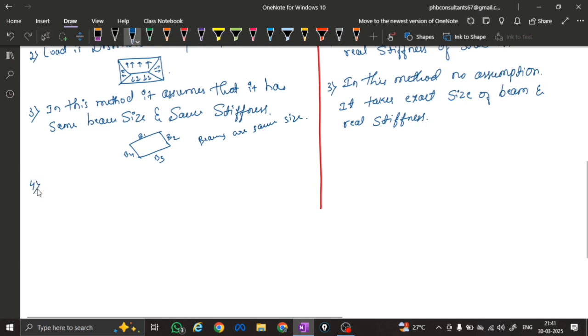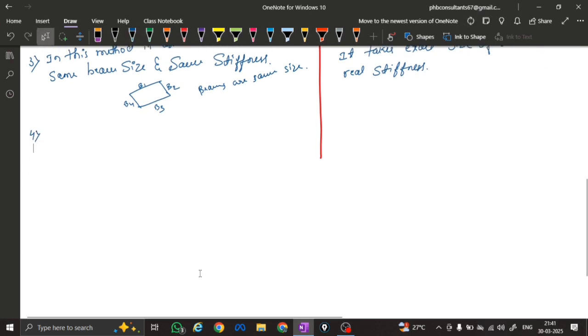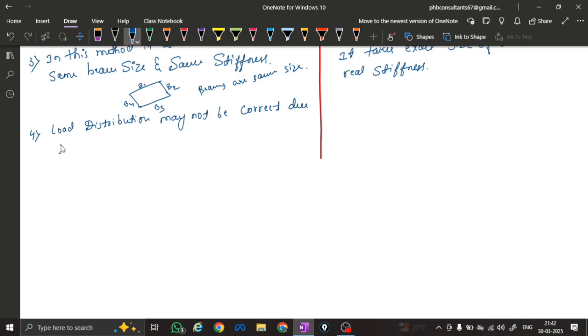Now the next one is, here in membrane load distribution may not be correct due to assumption of stiffness. Okay.